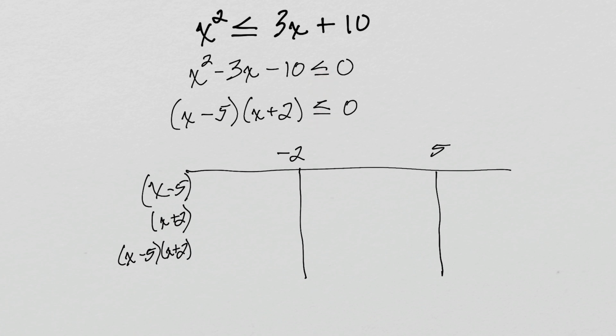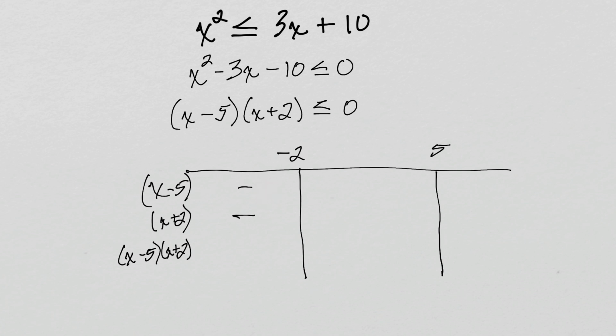So continuing here, I'm just going to pick my favorite number less than negative 2 and substitute it into each one of these expressions. So say I pick a negative 3. Negative 3 minus 5 is negative 8, but I really don't care. I just want to know that it's negative. If I substituted negative 3 in here, negative 3 plus 2 is also negative.